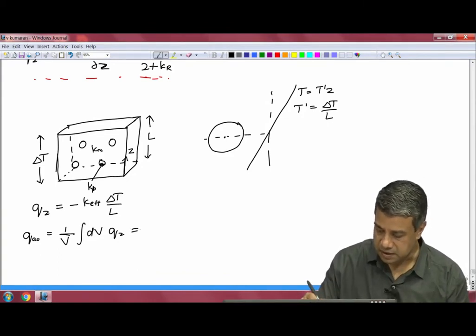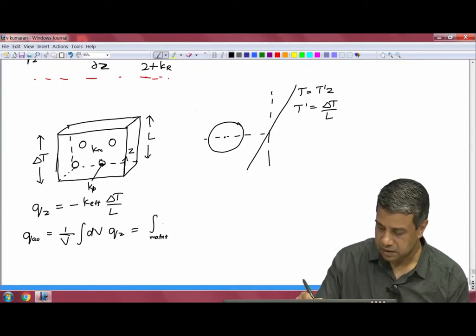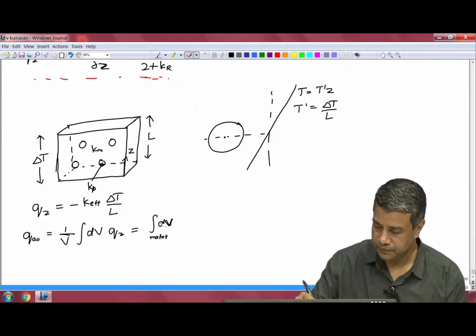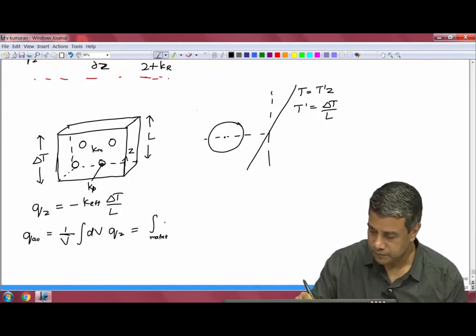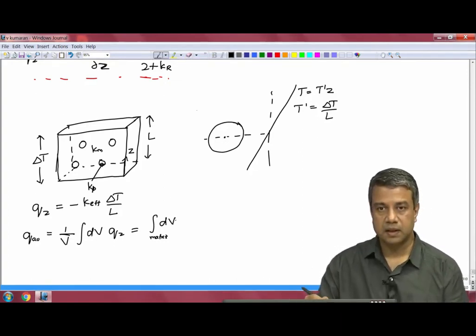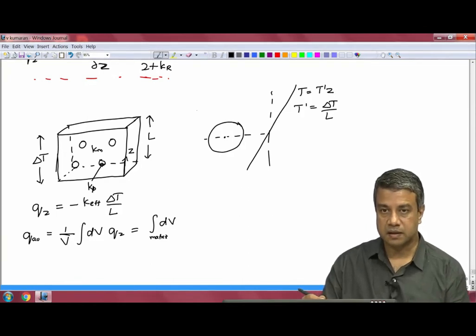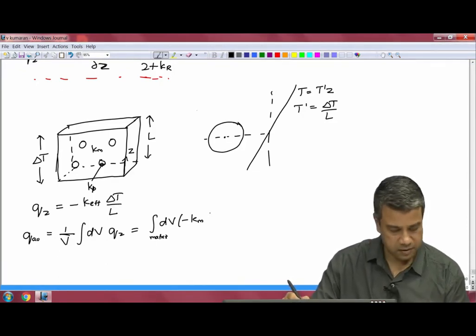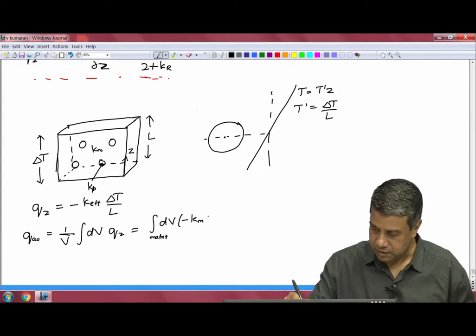So, I can write this as integral over the matrix of dV. In the matrix, the heat flux in the z direction is equal to minus K matrix times the gradient of temperature.